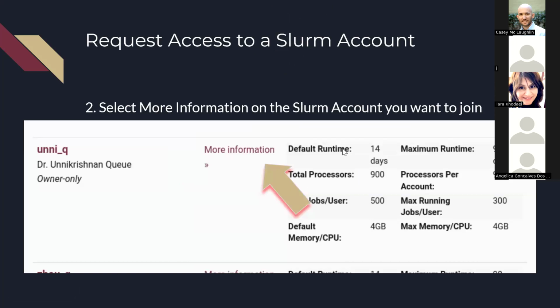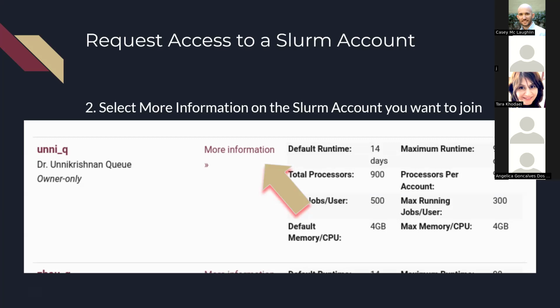Okay, so imagine that you apply for an account and your professor approves. Now you want to get access to some of the special resources, especially if your professor purchased machines. How do you do that? Like it's shown, you go back to the general information. On your left, you saw things like account information, groups, partitions.